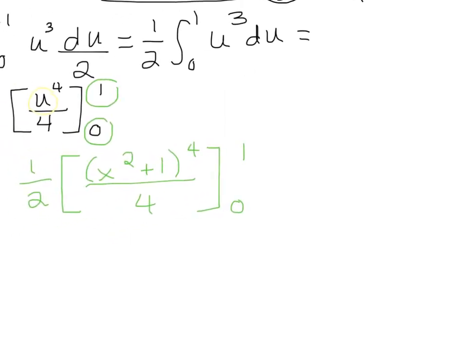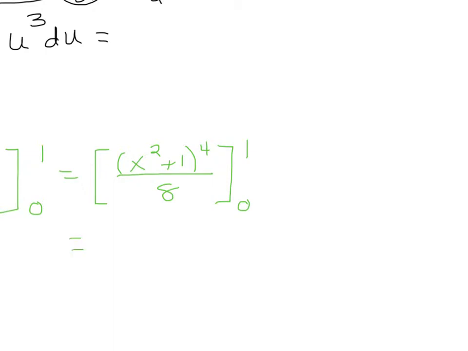I'm actually going to distribute the 1/2 in just to make the expanding a little bit cleaner. So that will give me x squared plus 1 to the 4th over 8, evaluated between 0 and 1.